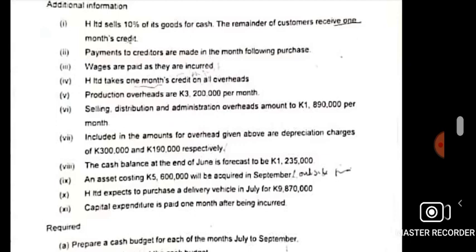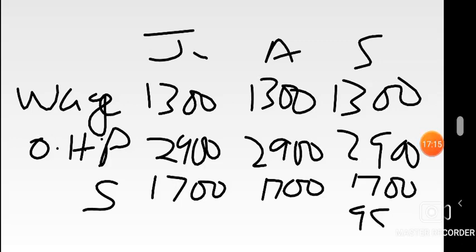This one was bought in July, and they said all payments on capital expenditure are made 1 month after they're incurred. Meaning, if you buy in July, when are you paying? September. So this one would show in September as 9,870,000. I've just been removing the last zeros because of the length of the figures. Yeah, so you show it like that. And what's the next detail?